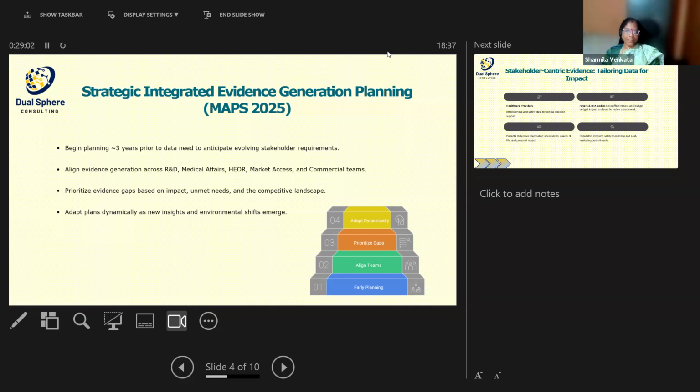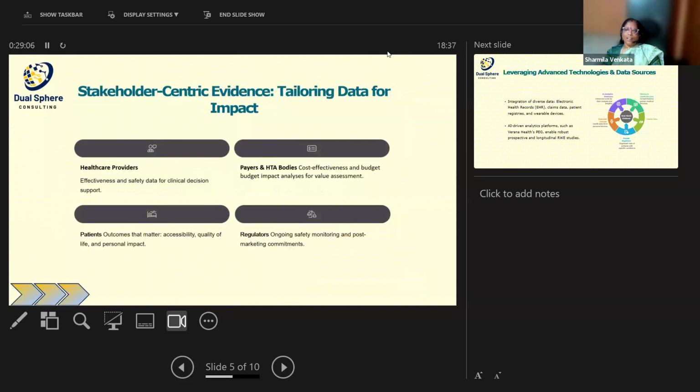But even the best plan won't be effective unless we know who the evidence is for. Different stakeholders, that is, providers, payers, patients, and regulators, have different needs. So, tailoring evidence to those needs is essential.